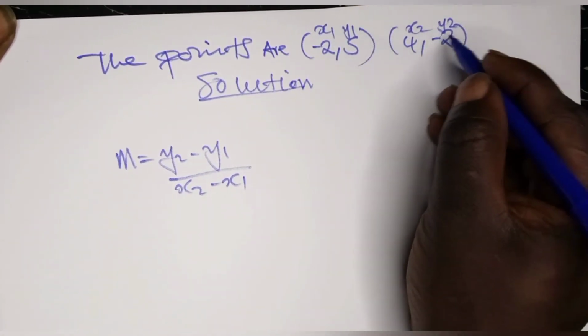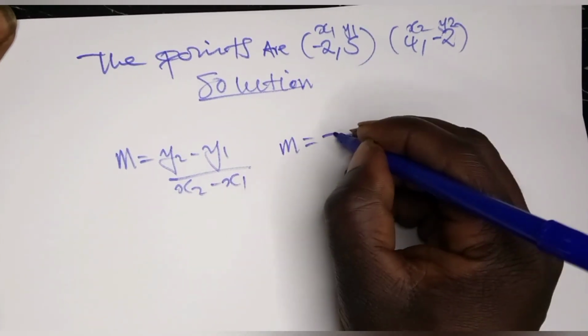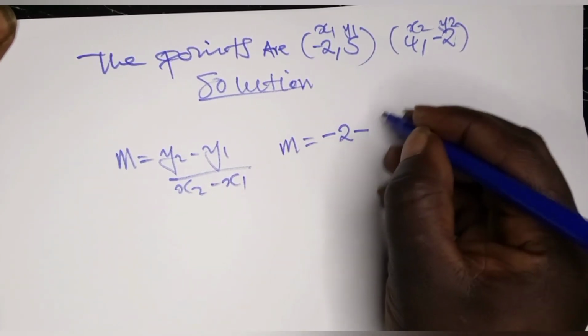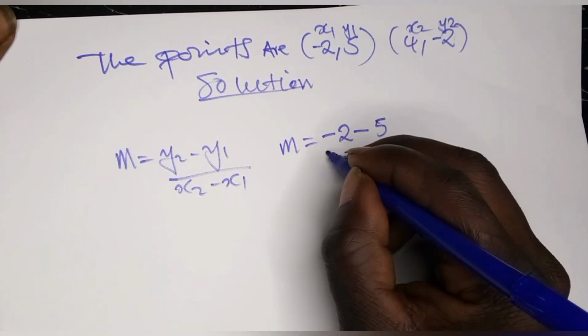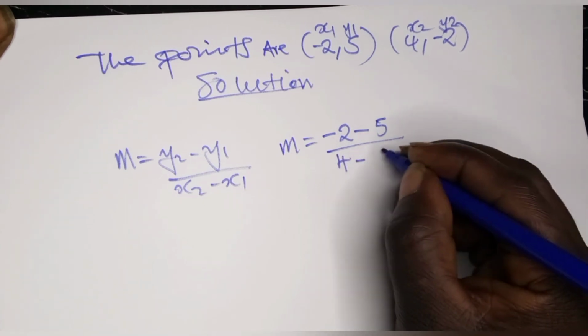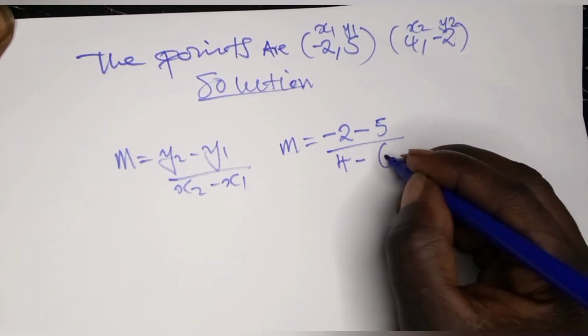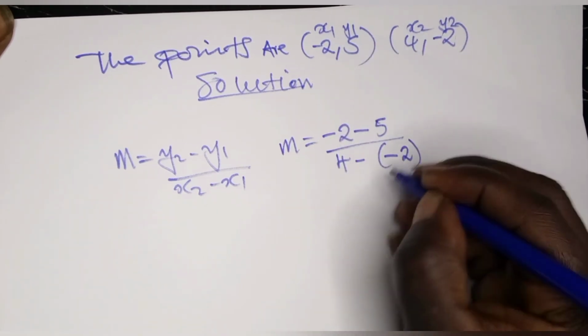So it will be m equals negative 2 minus 5 over 4 minus (-2).